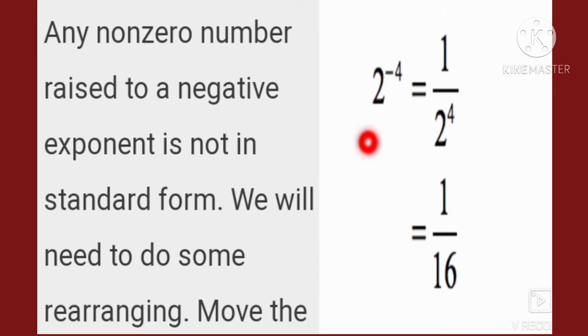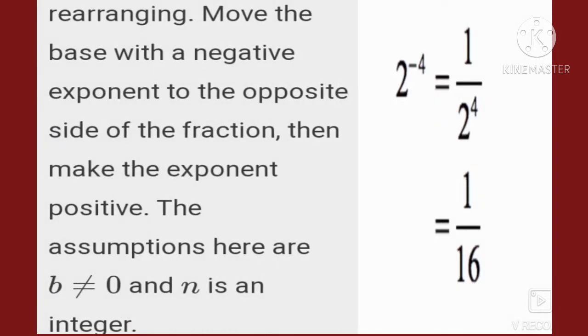We will need to do some rearranging. That is, move the base with the negative exponent to the opposite side of the fraction. Then make the exponent positive. The assumptions here are b, the base, is not equal to 0, and n is an integer.